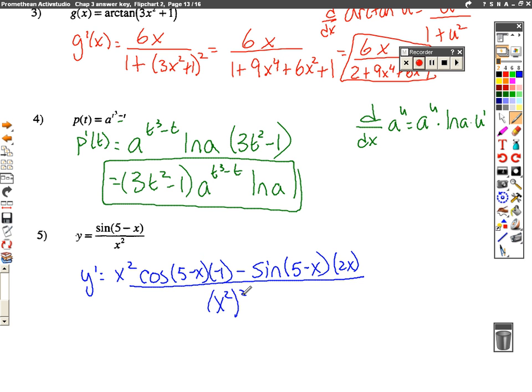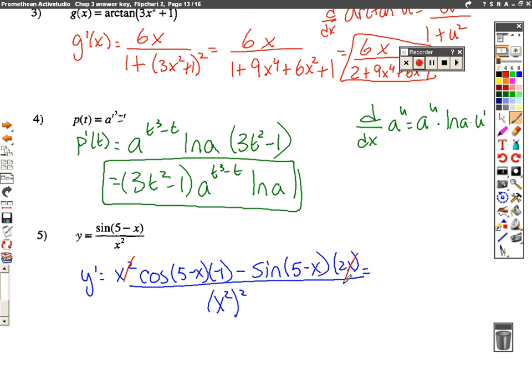If we kind of clean this up a little bit, you will notice every term has one x in it. We've got x squared, we've got a 2x, and we've got x to the fourth, every term. So we can actually cancel one of those out from every single one. That's going to go away, this is going to go away, and this is going to become power 1 less, which will be x cubed.